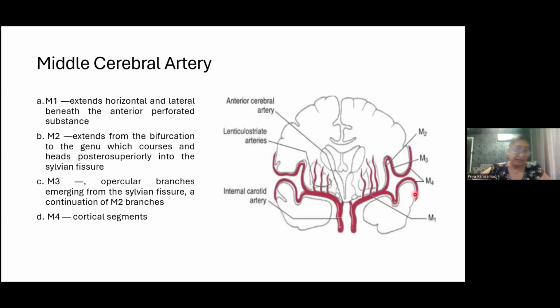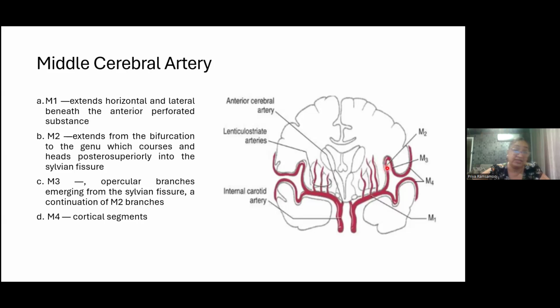So M1 is proximal to the bifurcation or trifurcation, and it extends horizontally, as we could see, beneath the anterior perforated substance. And then M2 extends from the bifurcation, right there, to the genu, which courses and heads posterior superiorly.